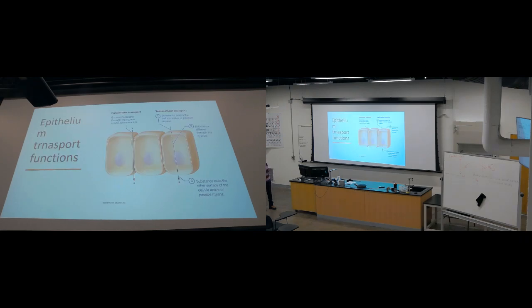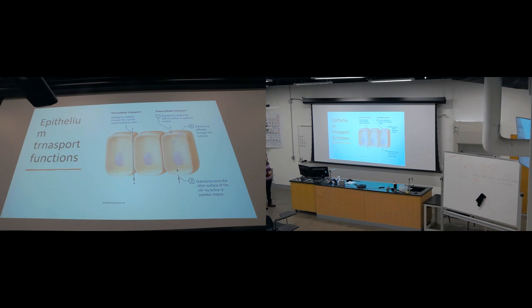So what is epithelial transport? It's the transport of molecules either in between the cells, which we call paracellular transport, or it can be transcellular transport, so it goes from apical to cytoplasm and then to basal.